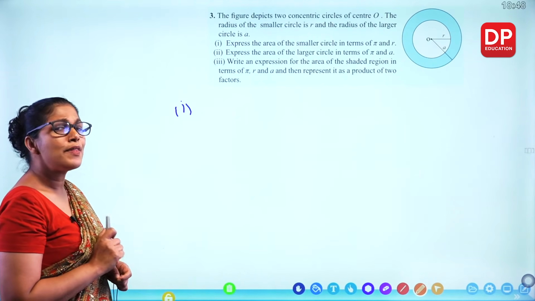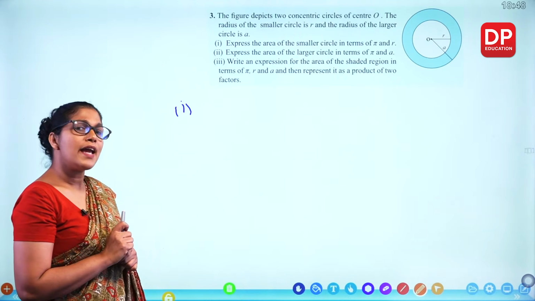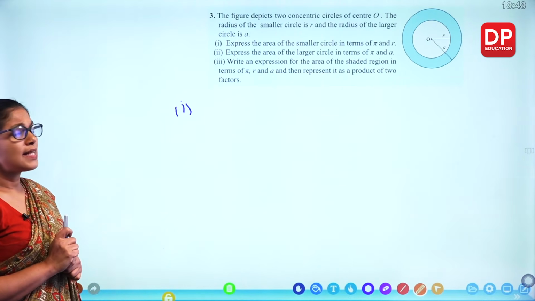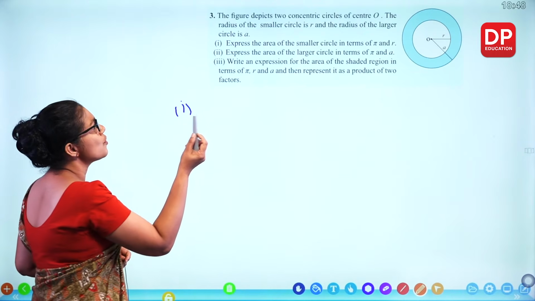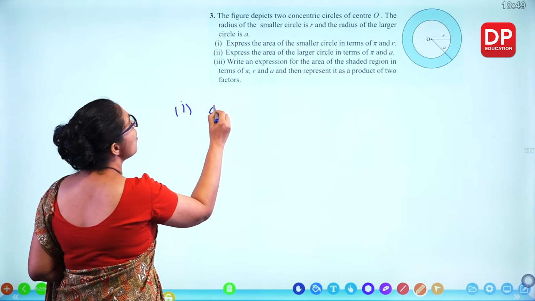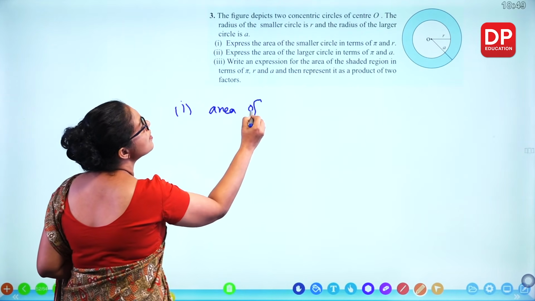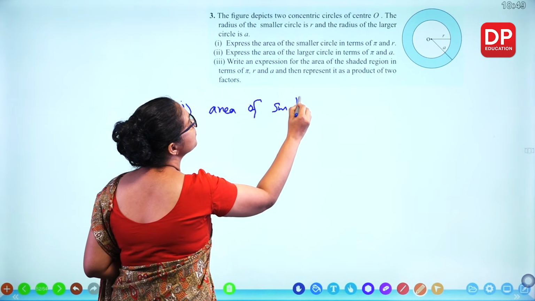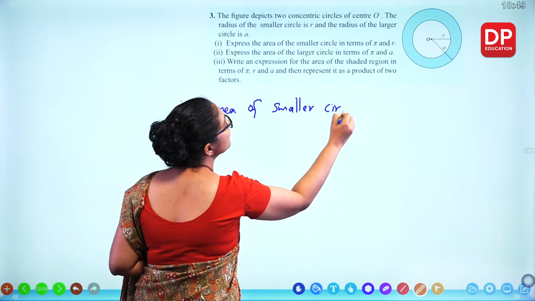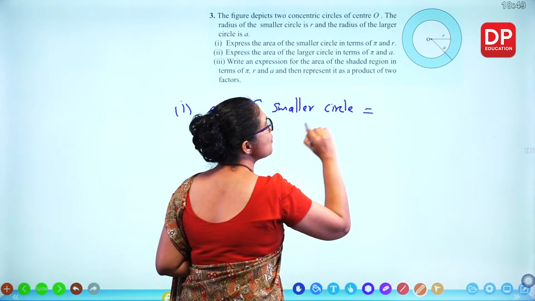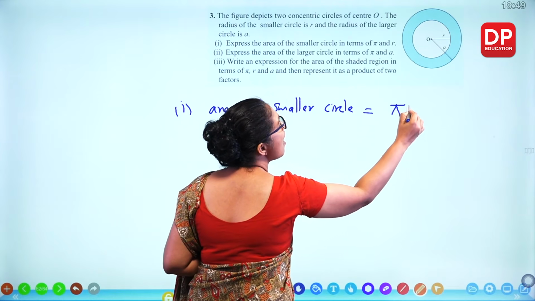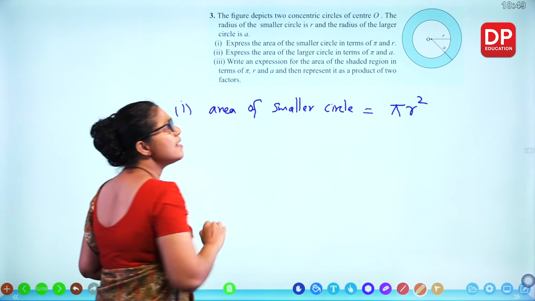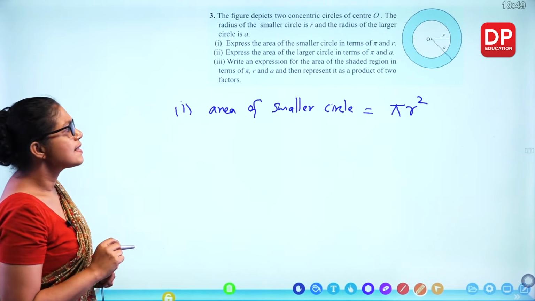R. Can you remember the formula for finding area of a circle? That's pi r squared. So here area of smaller circle, you can straight away use the formula pi r squared because r is the radius of the smaller circle.